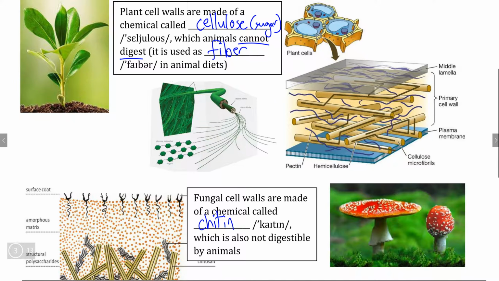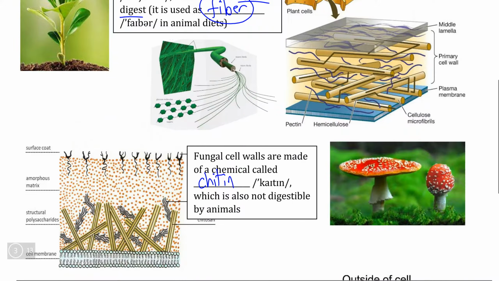So even though we can't get any energy out of eating the cell walls of plants or fungi, that doesn't mean they are useless, and doesn't mean that we can just stop eating a healthy diet of plants and mushrooms.